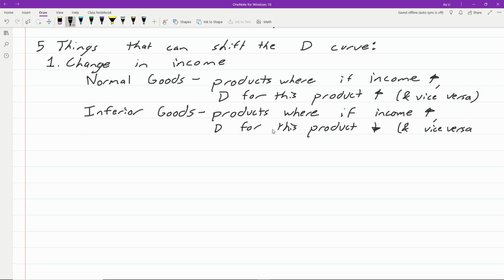So you might be wondering, well, what types of items might be considered inferior goods versus, say, normal goods, right? And I think the easiest way to illustrate this example is to have two similar products and contrast them, compare and contrast two similar types of items.